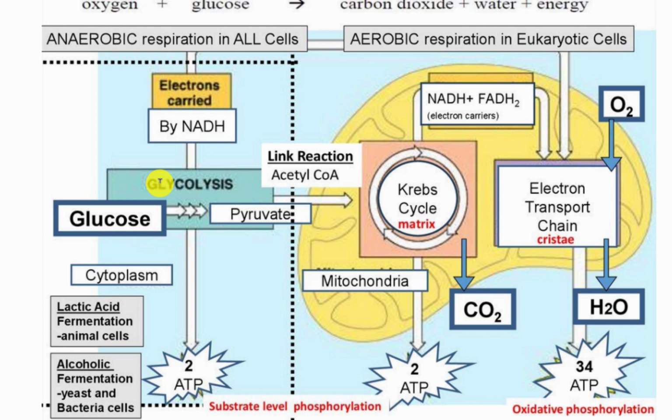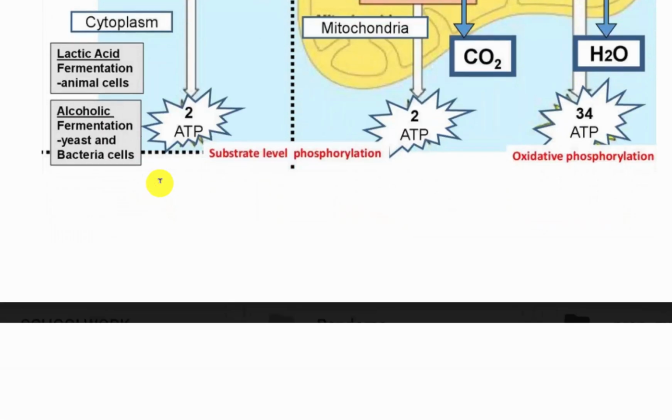Also, that's the point at which CO2 is going to be given off as a byproduct. And then eventually those carriers are going to go through something called the electron transport chain and produce lots of ATP. And that happens in those different parts of the mitochondrion.